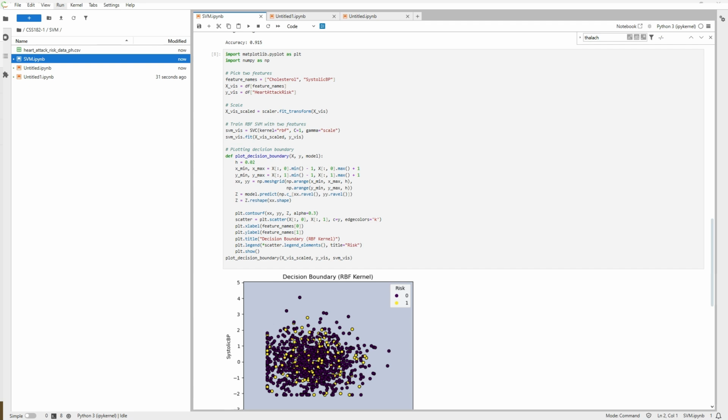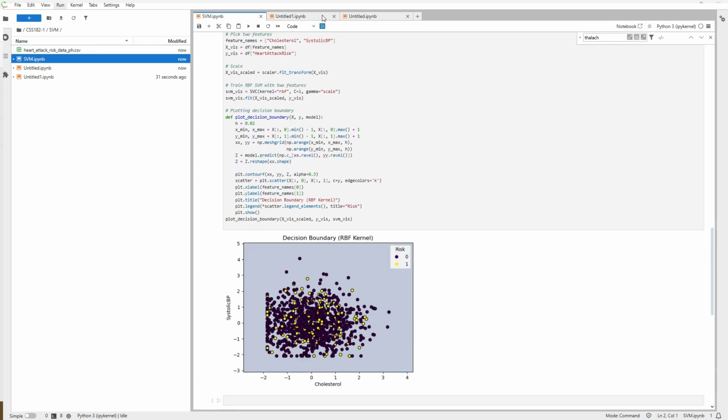This tells us that cholesterol and systolic BP alone are not enough to perfectly separate the high-risk and low-risk individuals, and there may be overlap in values. However, the RBF kernel still tries to form a nonlinear boundary to classify the data as best as it can.